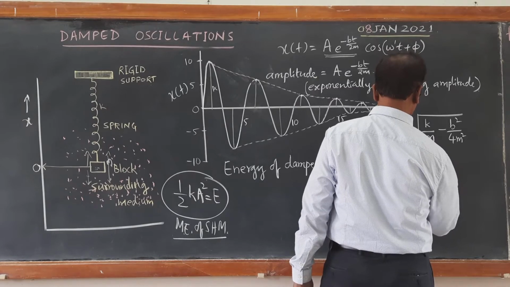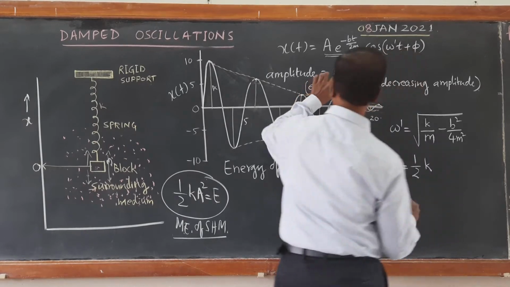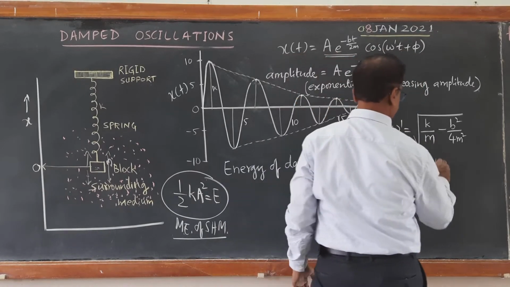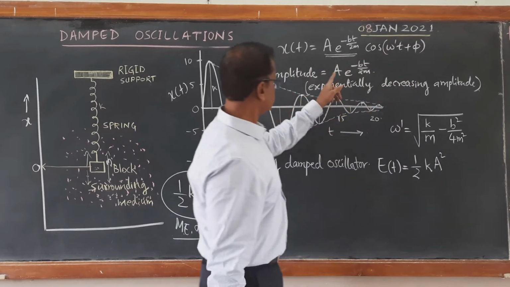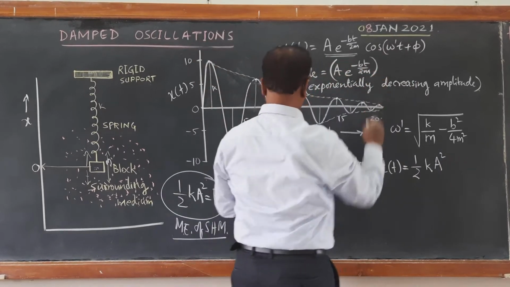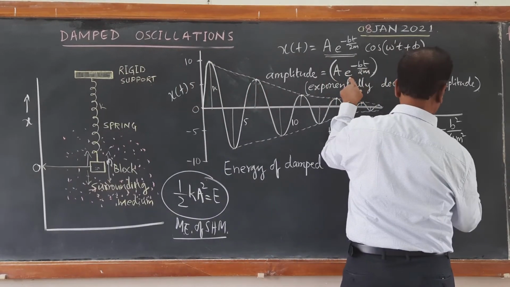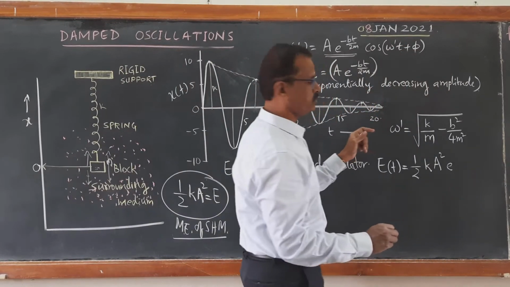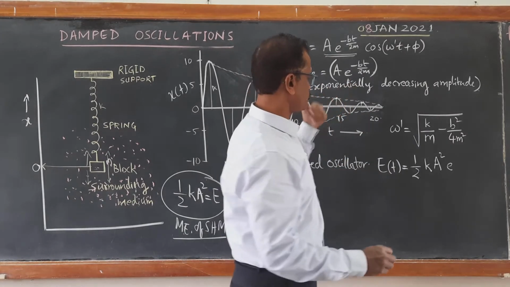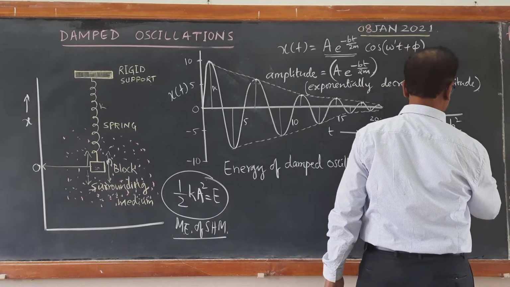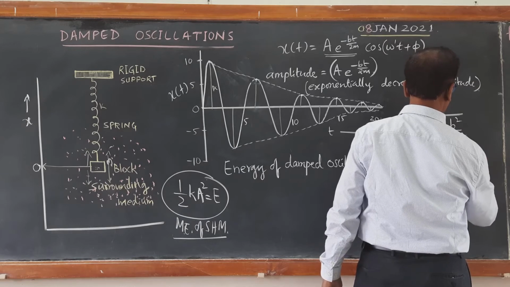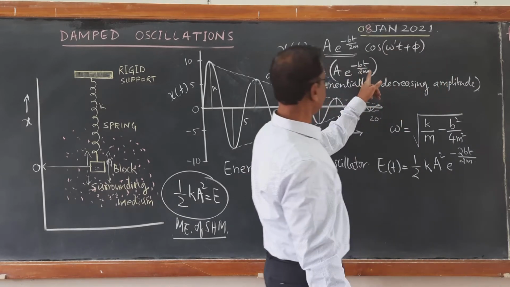Square of this: A square into e raised to minus bt upon 2m, squared, becomes minus 2bt upon 2m.